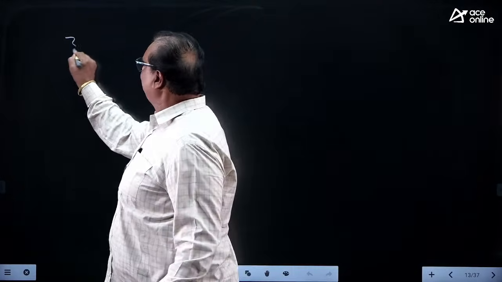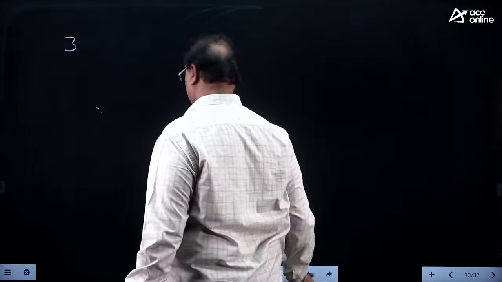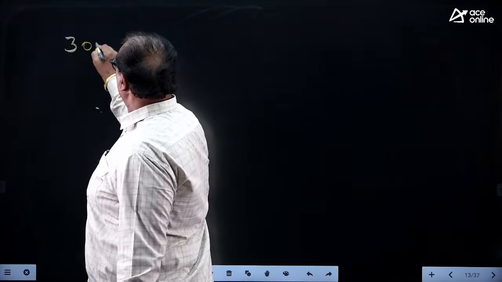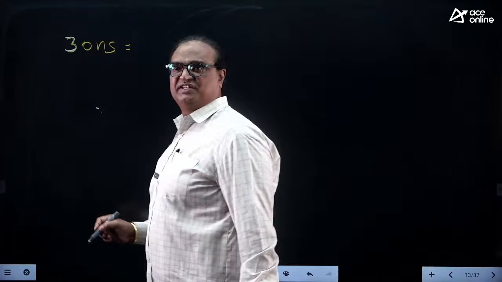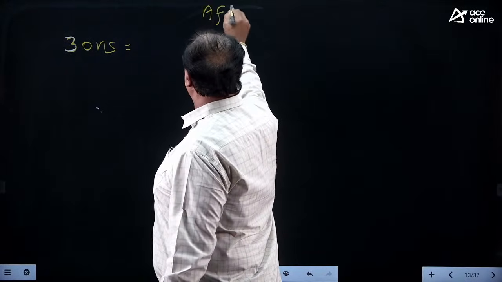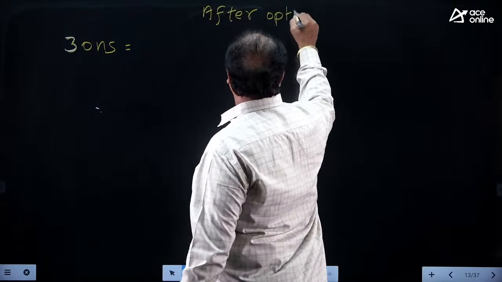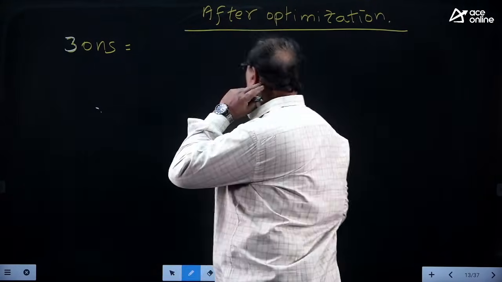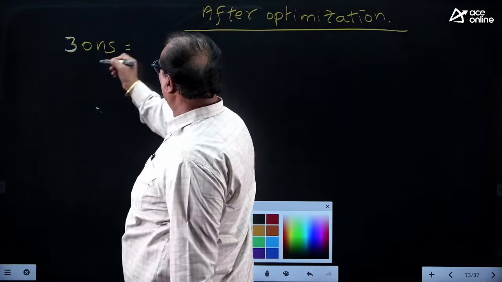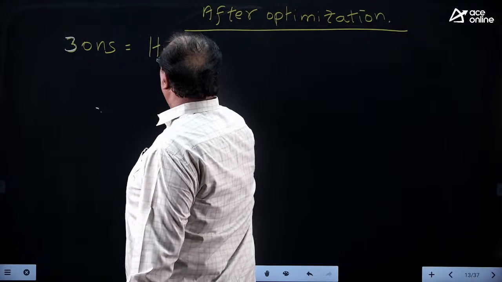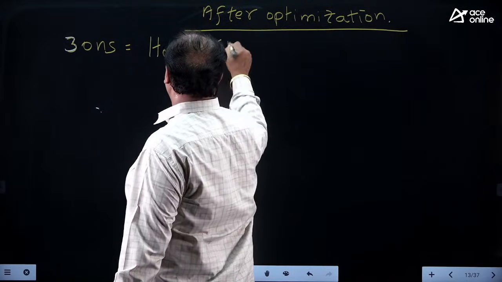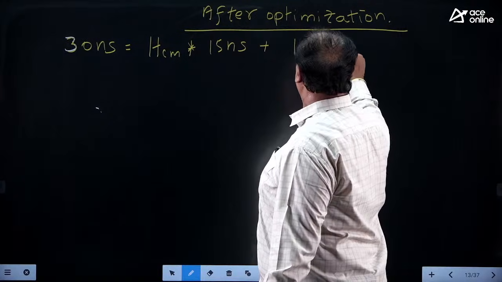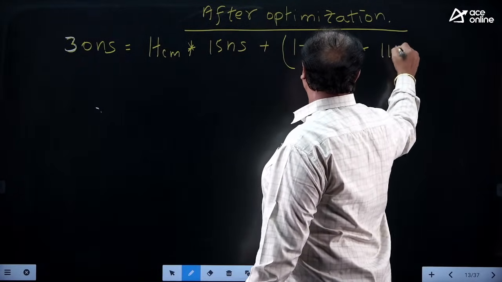Look here. 30 nanoseconds is equal to new HCM after optimization into TCM, which is 15 nanosecond, plus 1 minus new hit rate into 115 nanosecond.